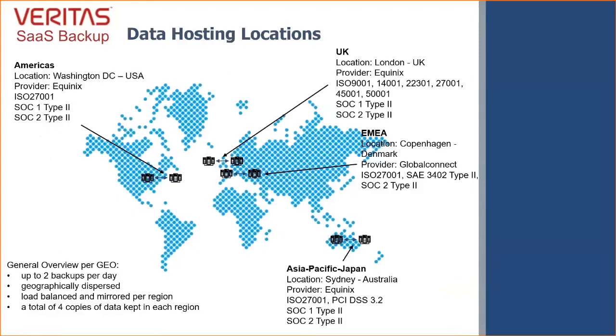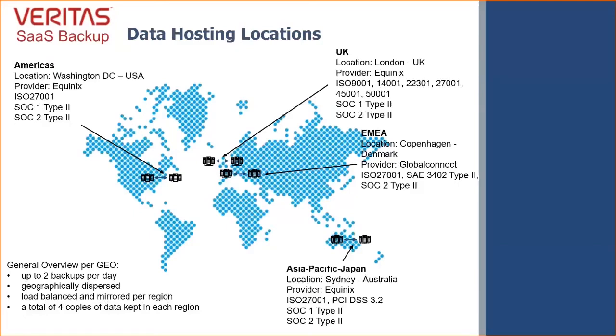SaaS backup's data locations are based in the US, the UK now, I just saw that the other day, EMEA as well, and Asia Pac, based in Sydney. Within America, Asia Pac and the UK, they're based in Equinix, and the EMEA one is based in Global Switch.